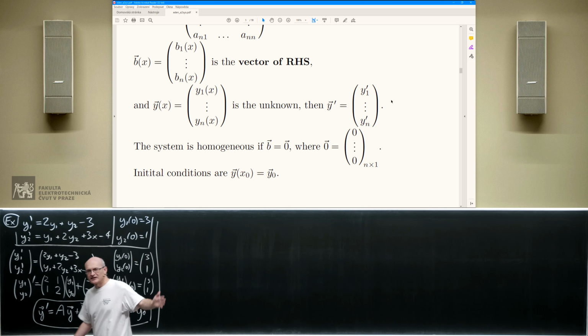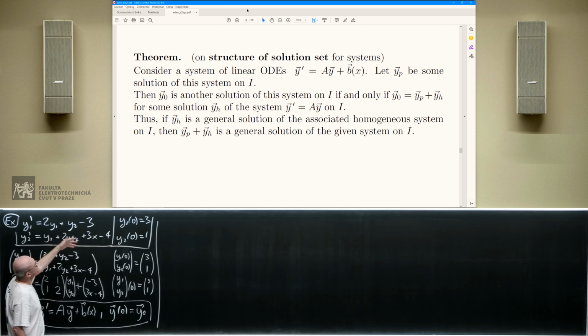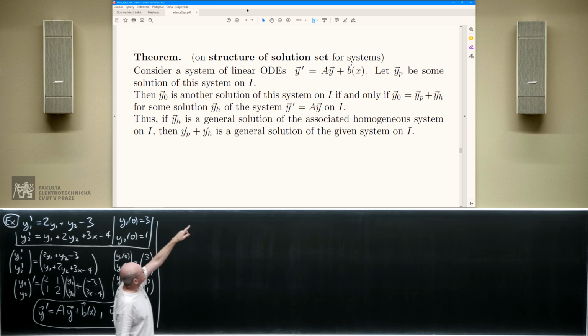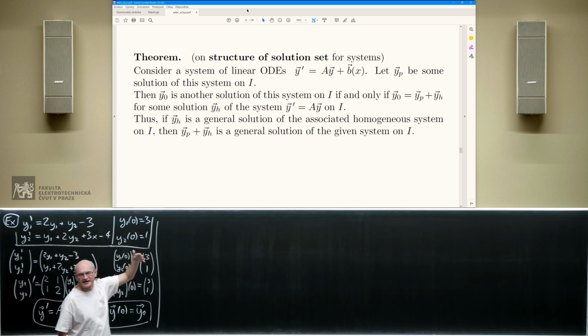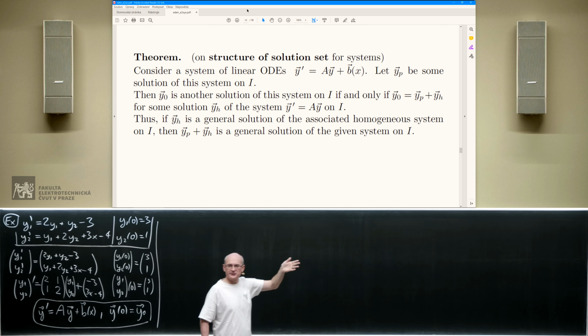Let's see. We have an equation which is actually a system, masked system, and we find some particular solution on some interval I. Are we surprised? Not really, because we've seen this theorem before. Some y naught is another solution if and only if it comes in a special way. Well, we have seen this before as well.